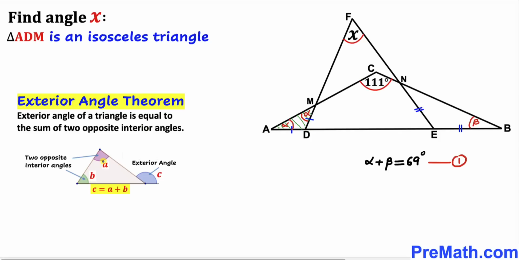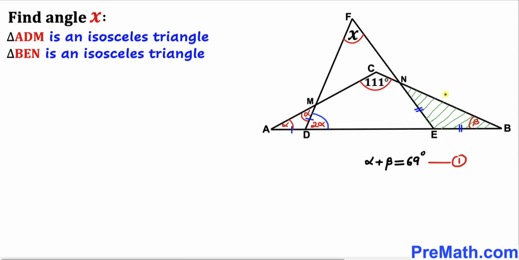We can see A and B are our two opposite interior angles, whereas this C is our exterior angle, such that C equals A plus B. Therefore, for this triangle ADM, this angle is going to be our exterior angle, that is going to be the sum of these two opposite interior angles. Alpha plus alpha is going to become 2 alpha.